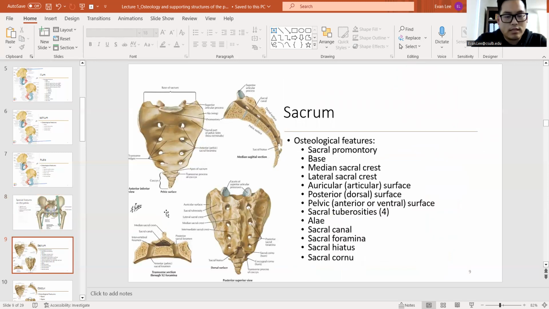So let's go ahead and take a look at the sacrum next. And the sacrum also has its own landmarks as well. But this right here would be the sacrum, which is basically a few fused vertebrae, which we haven't talked about vertebrae yet, but they have very distinct characteristics.